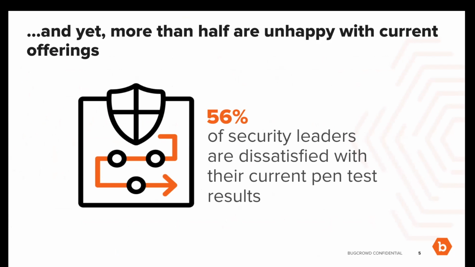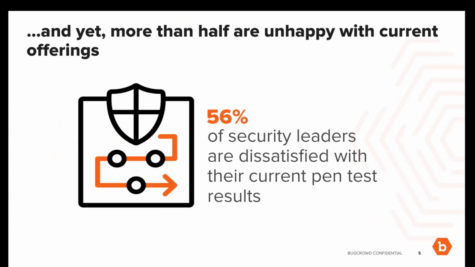almost the paradox is that we're still finding more than half of those companies are still pretty unhappy with their current offerings. More than half of security leaders in the industry say that they're pretty dissatisfied with their current pen tests.